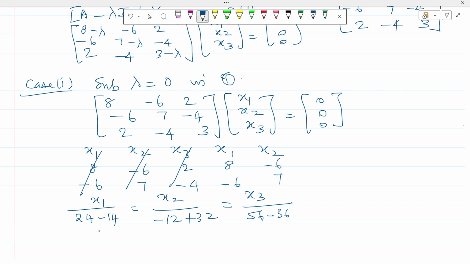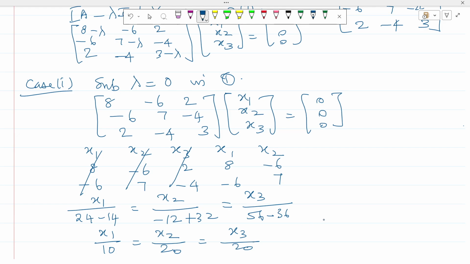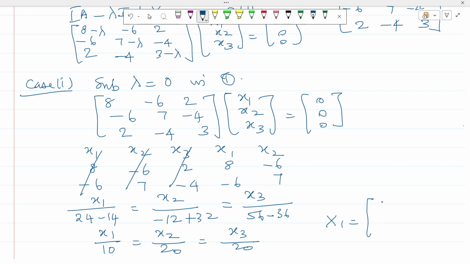So you will get x1 by 10, x2 by 20, x3 by 20. So the ratio is 1 : 2 : 2.